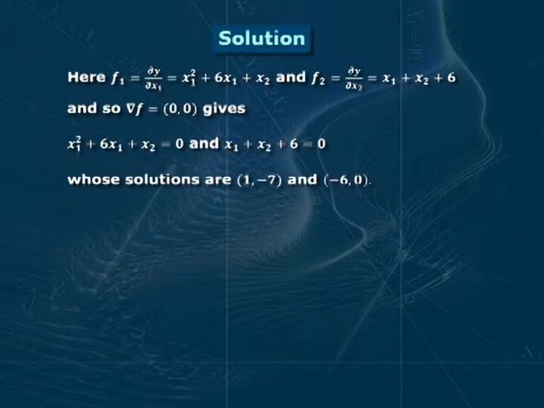Here f1, which is del y by del x1, is equal to x1 square plus 6x1 plus x2, and f2, which is del y by del x2, is equal to x1 plus x2 plus 6, and so gradient of f equal to (0, 0) gives x1 square plus 6x1 plus x2 equal to 0 and x1 plus x2 plus 6 equal to 0, whose solutions are (1, -7) and (-6, 0).